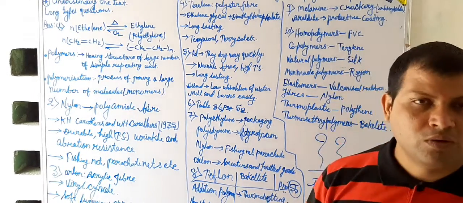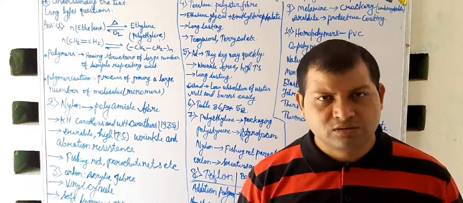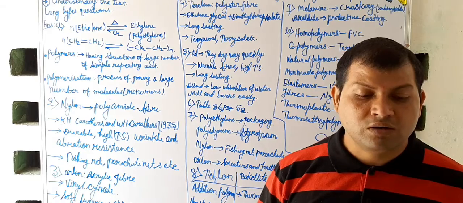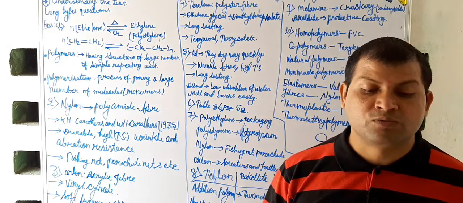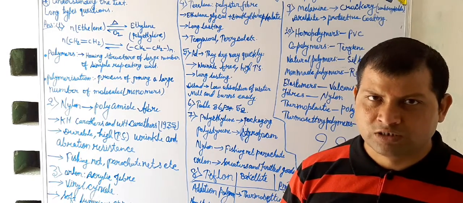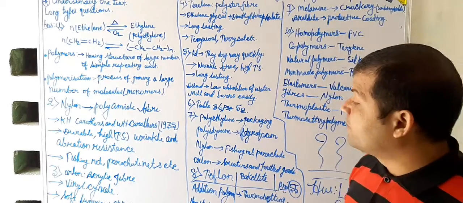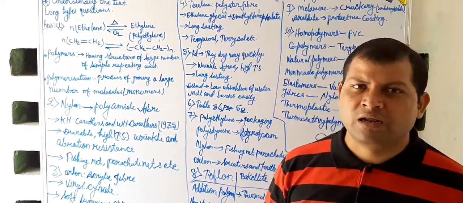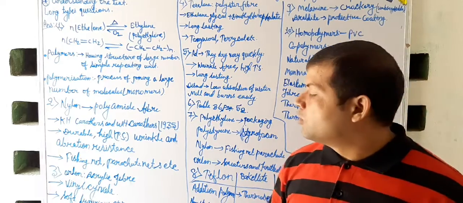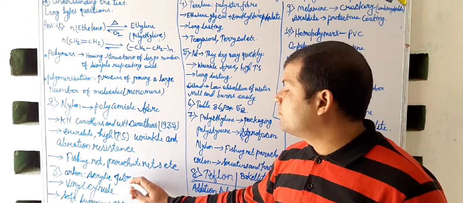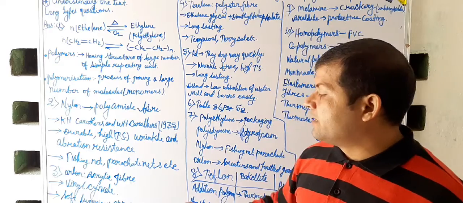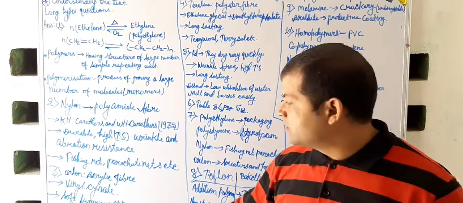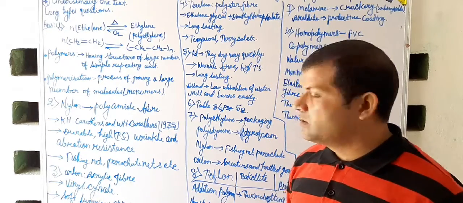Now move towards question number 3. Here it is asked: what is Orlon? Discuss its importance, properties and usage. So I want to say Orlon is nothing but acrylic fiber. Orlon is an acrylic fiber and it is obtained from the monomer vinyl cyanide.